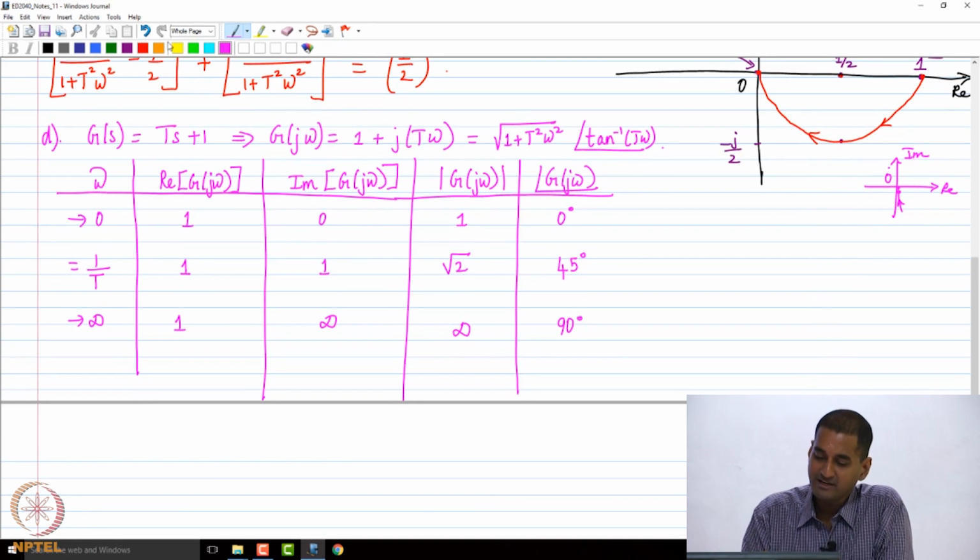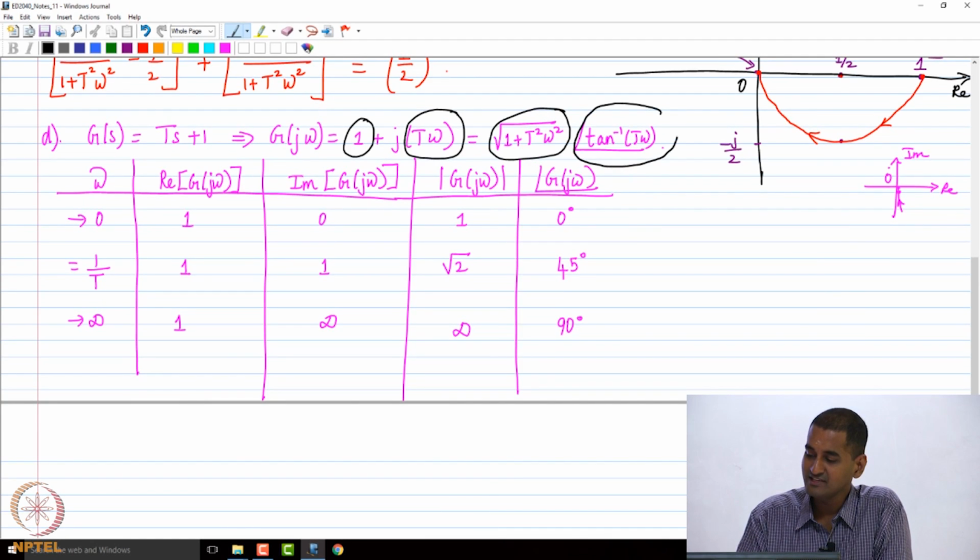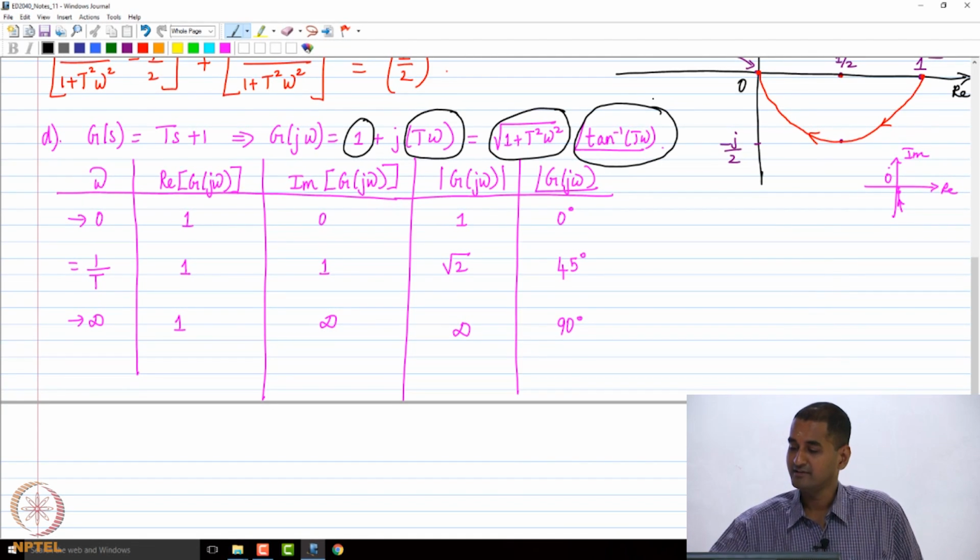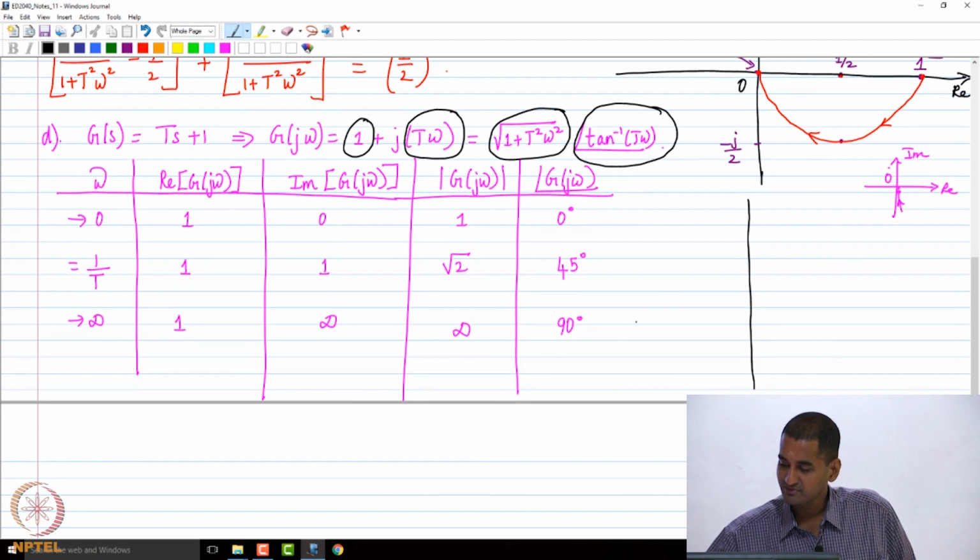See, this is the real part. If you look at it, the real part is always 1 for this particular factor. The imaginary part is T times omega, right? The magnitude is this and the phase is this. I am just calculating for various omega and writing the values down. Nothing extraordinary here, pretty straightforward.